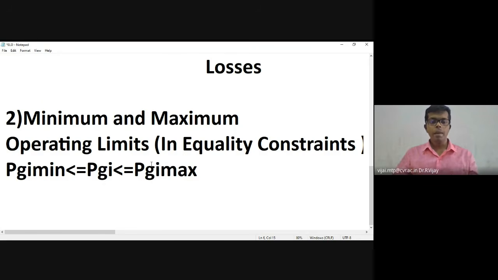Say for example, the power generation you are going to find out is some 90 megawatt. The minimum and maximum operating limits given in the problem are 50 megawatt to a maximum of 150 megawatt. So 90 megawatt is within the minimum and maximum operating limits.